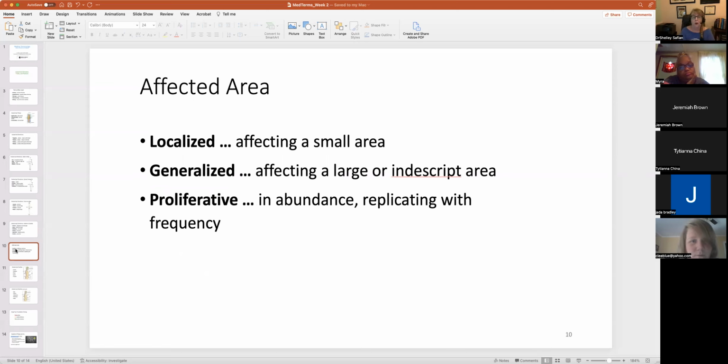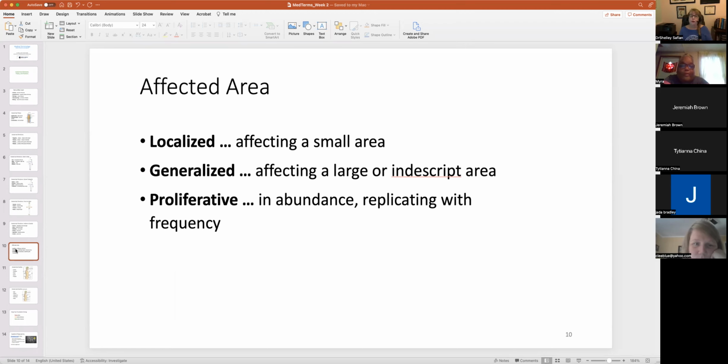Right? Okay. An affected area. Localized means a small area. Maybe a rash just on the hand or just on one location of the arm or something. Generalized is affecting a large area of the body or an indescript area, which means it's so spread out in the body, we cannot identify specifically where it is.